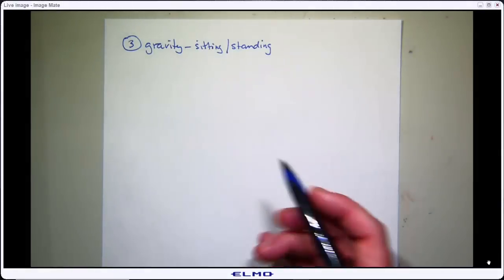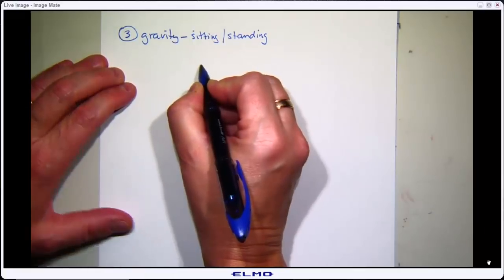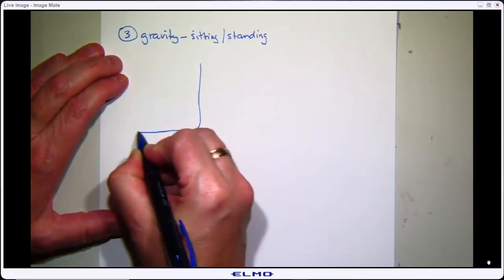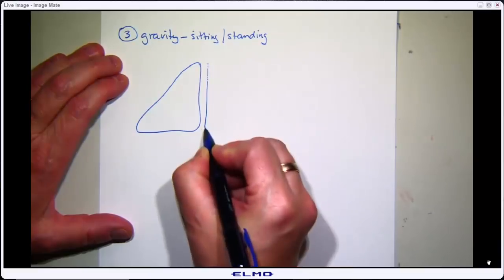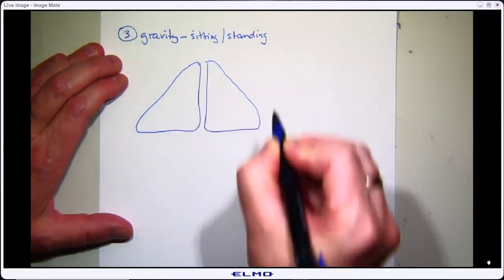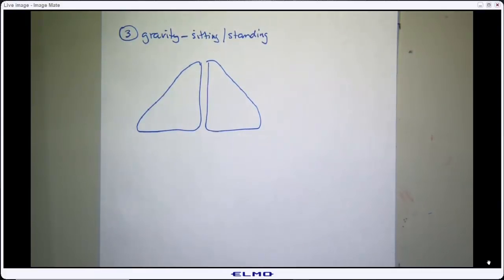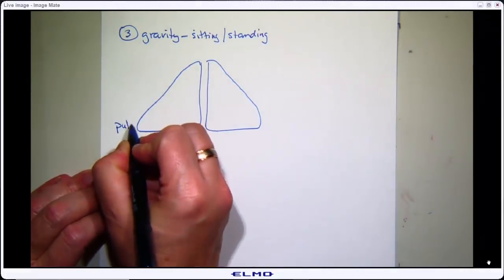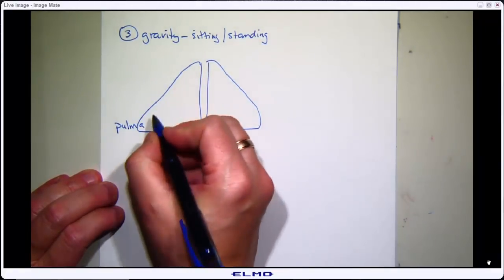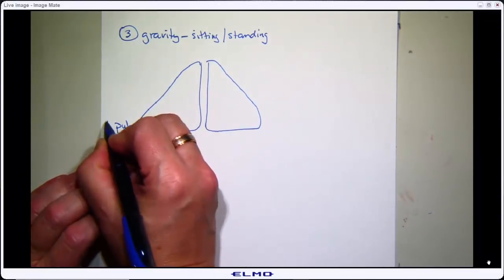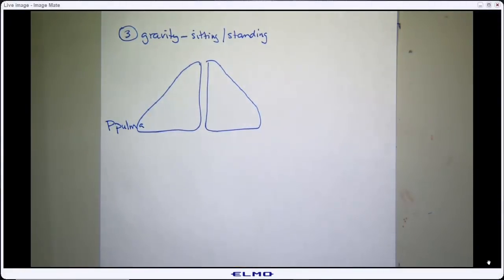So if we think about what that's going to do for us, we've got a pair of lungs here. We will pull the weight of the blood down to the bottom of the lung, which means pulmonary artery pressure at the bottom of the lung will be greater.